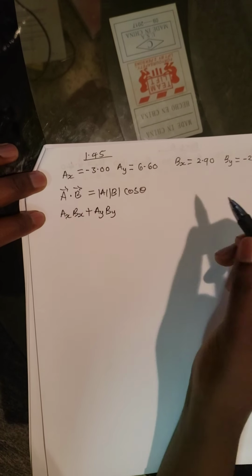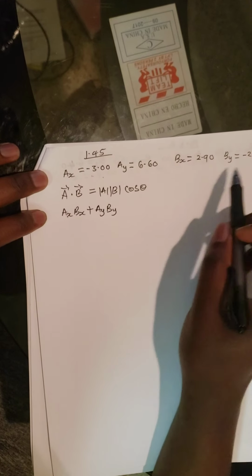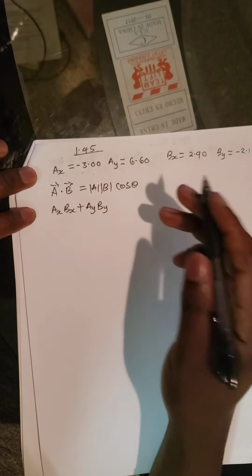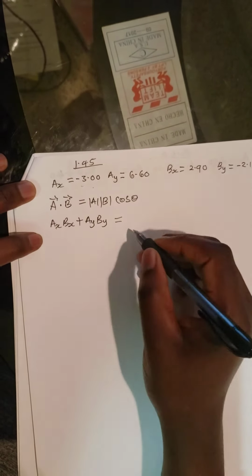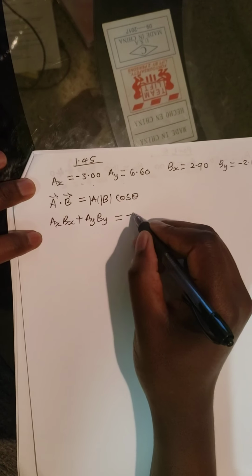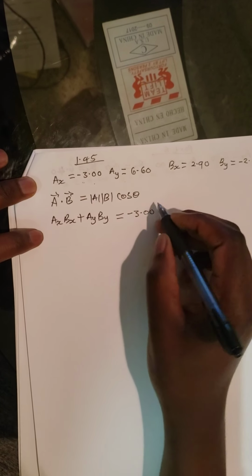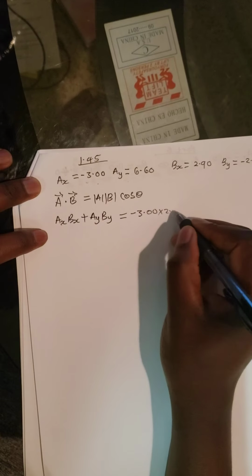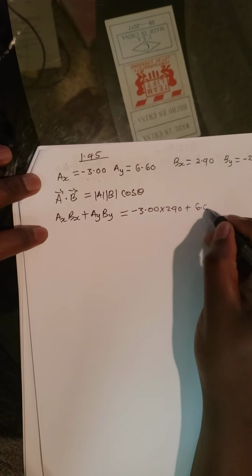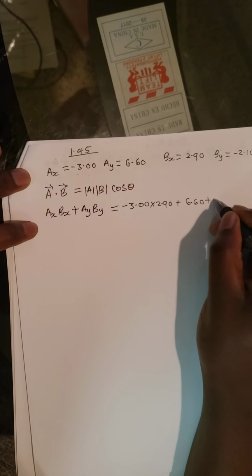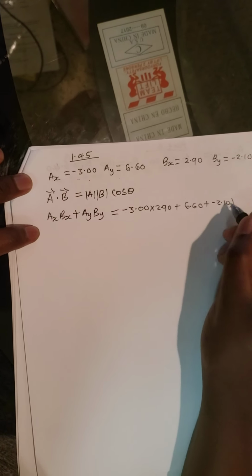In this case, I have these values here. I'm going to compute them in, which is going to be negative 3.00 times 2.90 plus 6.60 times negative 2.10.